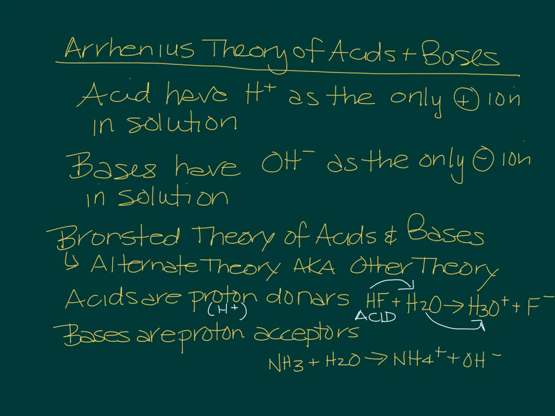And in this case, you can see the H2O is donating to NH3. And the NH3 is accepting an H and becoming NH4. So NH3 is our base because it is the proton acceptor, which means, in theory, that water is acting like an acid here, in which it can.